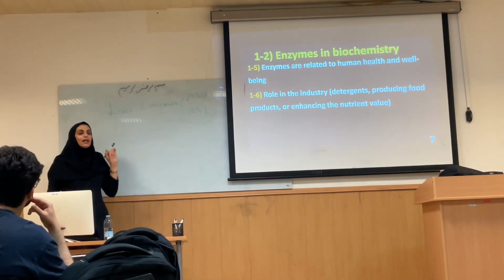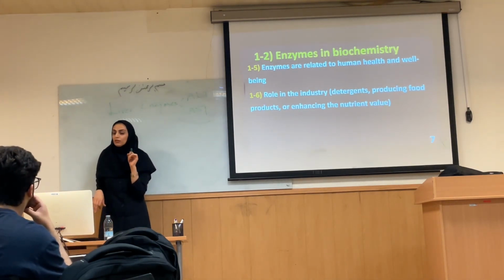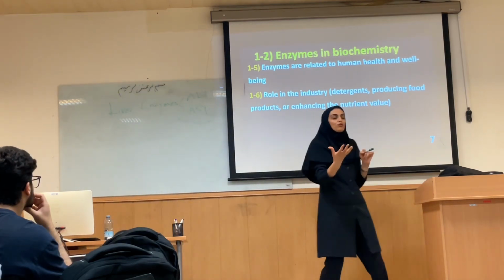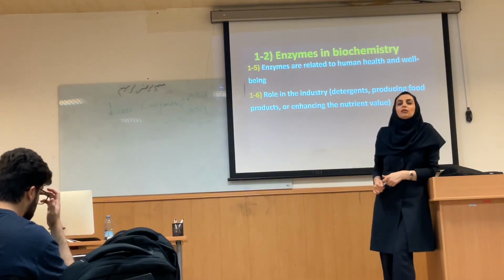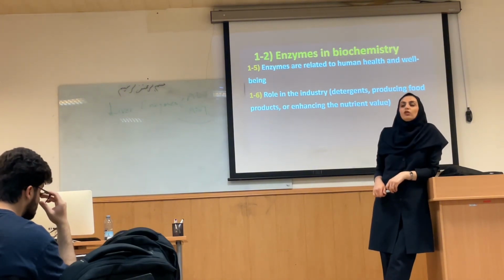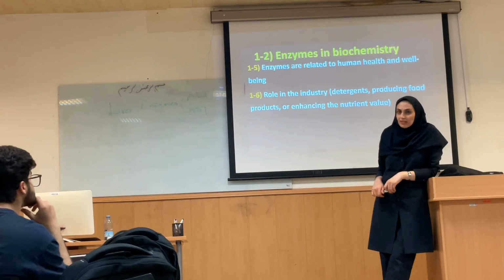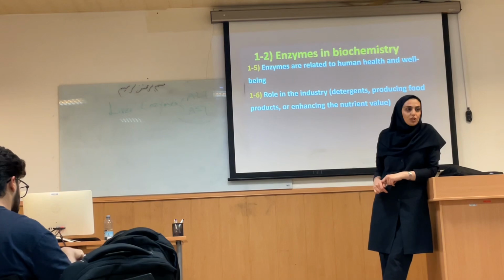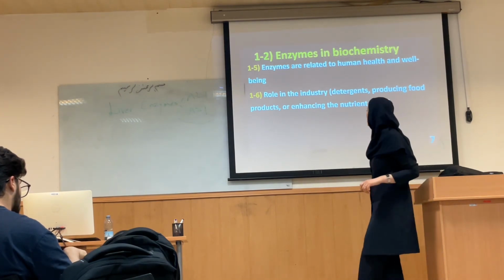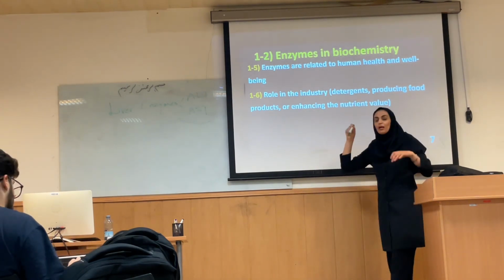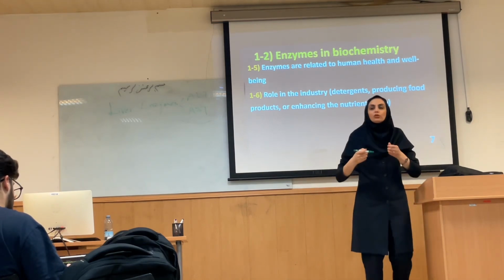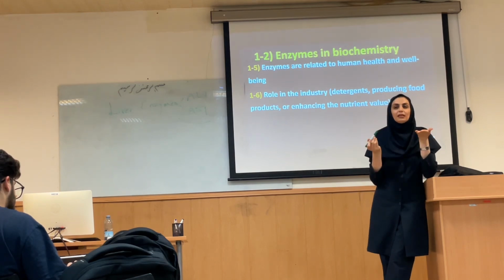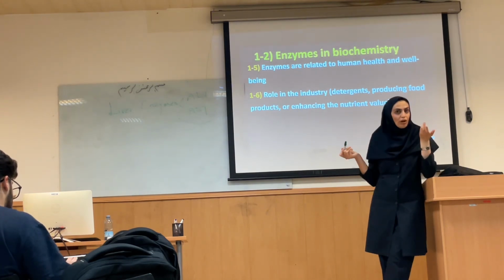Another thing, they have a role in industry for producing some foods. For example, for producing cheese from milk, we use rennin. Rennin is an enzyme. You will work on that in an enzyme practical session. And in different situations, for example, in detergents, some soaps or materials that we use for washing clothes are full of enzymes.